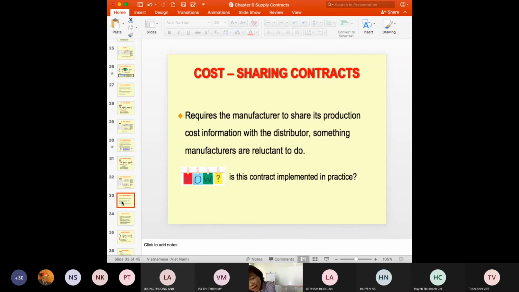Everyone, do you have any idea how we can implement that contract in practice? Because actually, the manufacturer doesn't want to share the production cost information with the distributor.